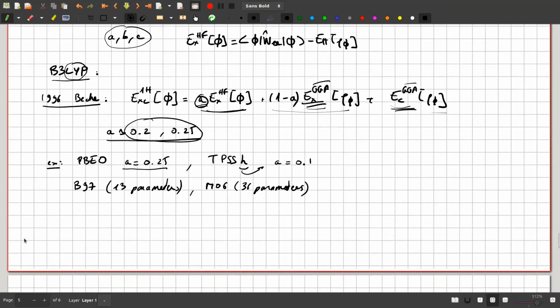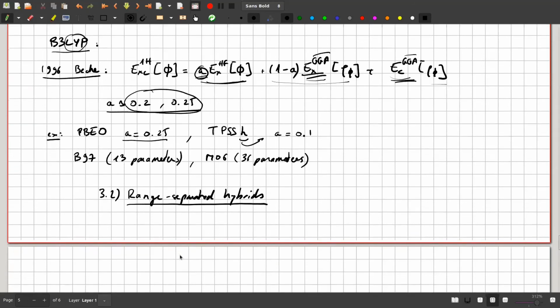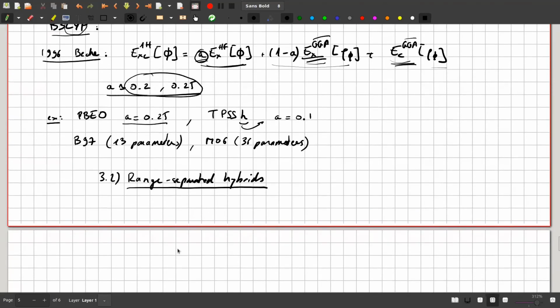Now, another type of hybrids are the so-called range-separated hybrids. That was based on an idea first proposed by Savin in 1996.